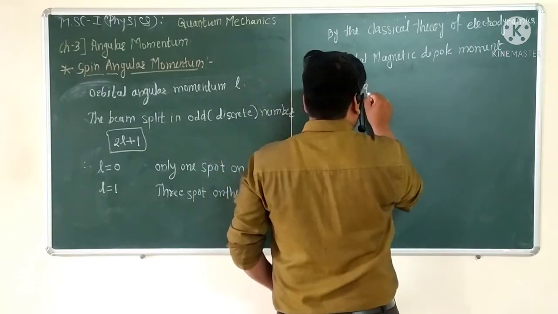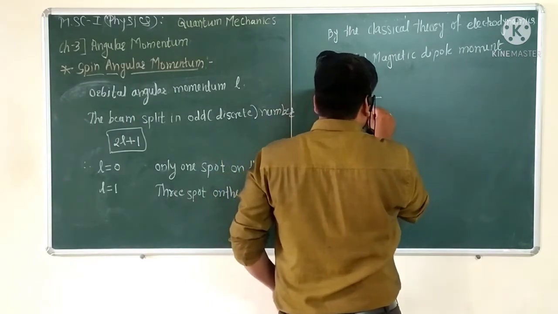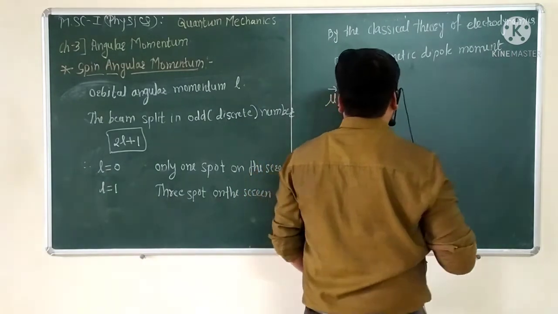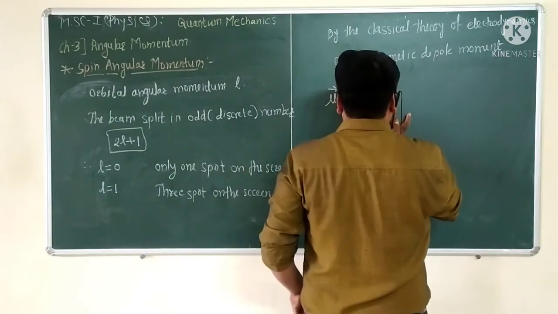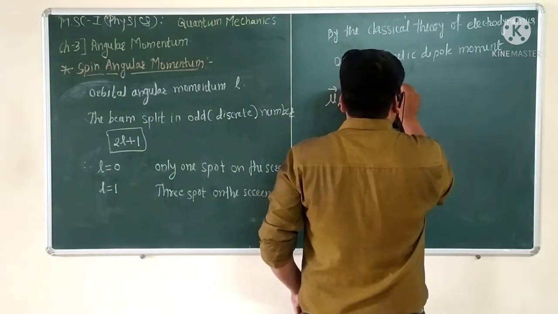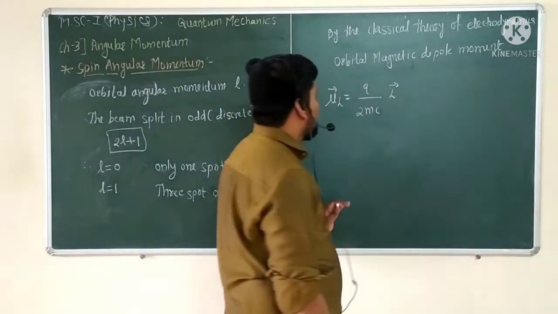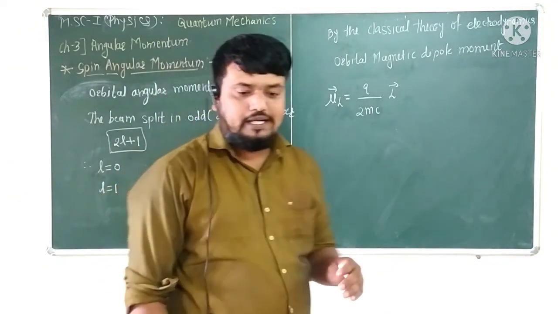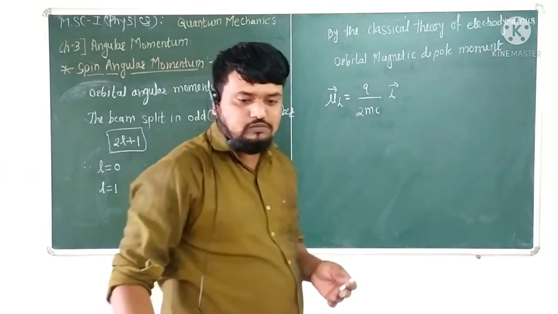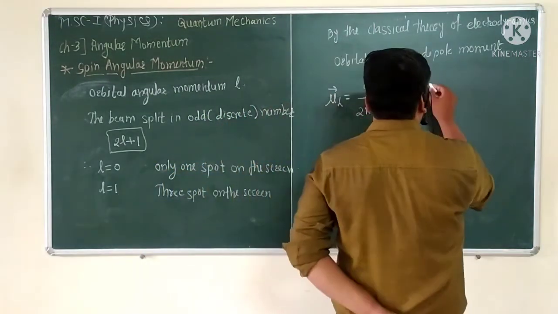This orbital magnetic dipole moment, mu l, is nothing but q divided by twice mc into l bar. Okay, so what is mu l? That is the orbital magnetic dipole moment, and here l bar is the orbital angular momentum.